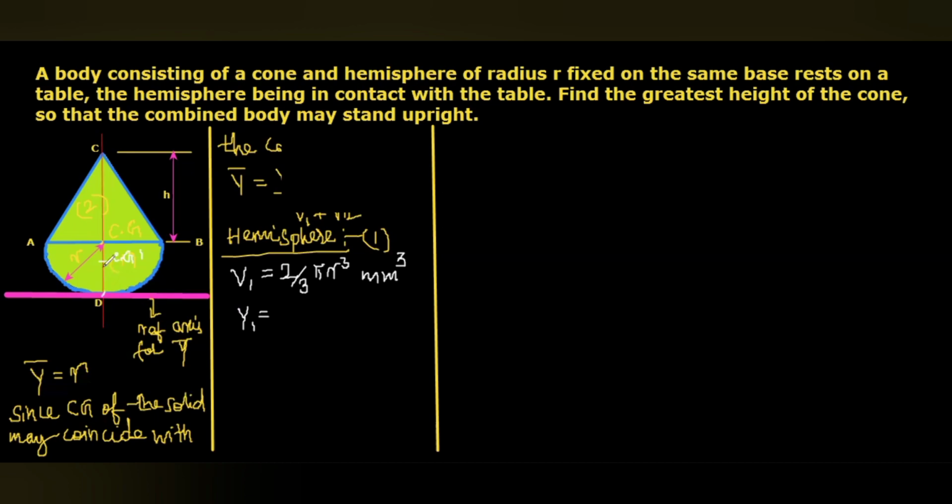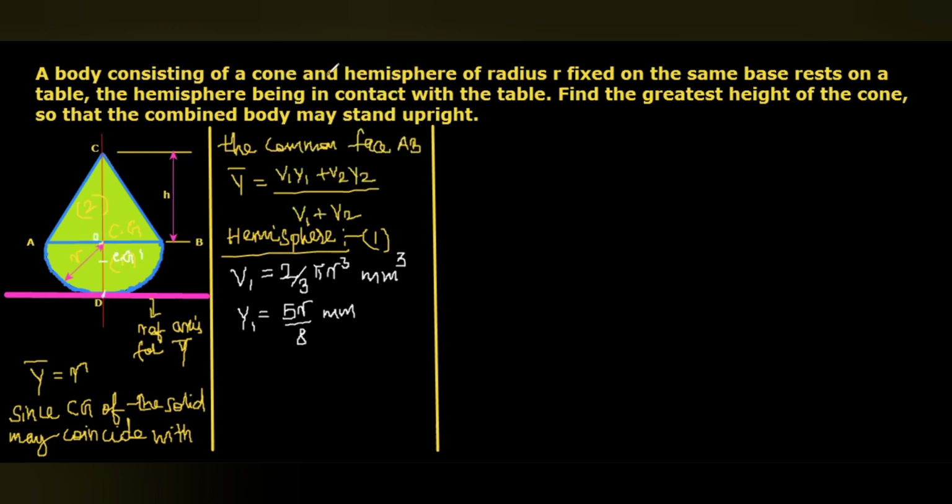So from point O to CG1, that will be 3r by 8. From this point D to CG1, that will be 5r by 8. Here again, we are going to keep r in terms of r only.